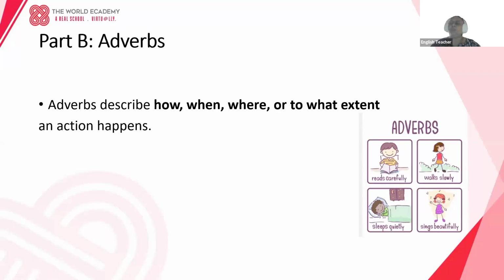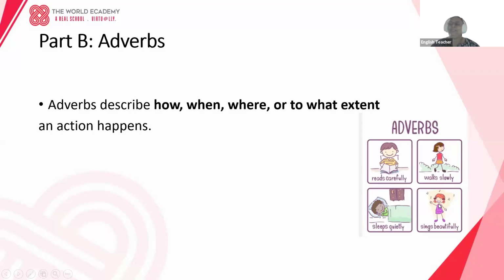Tina walks slowly. She's quite conscious about herself. And when she walks, she's walking slowly. And this character over here, he sleeps quietly. No snoring. So he's sleeping peacefully. Maybe he had a hectic day.